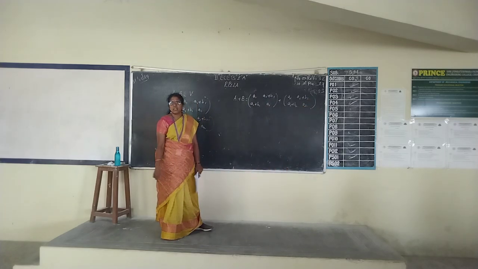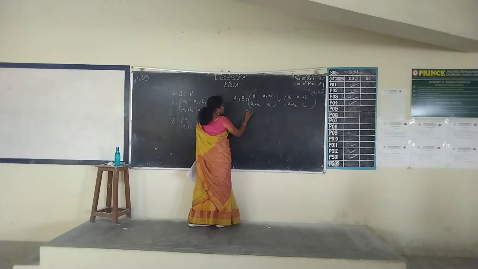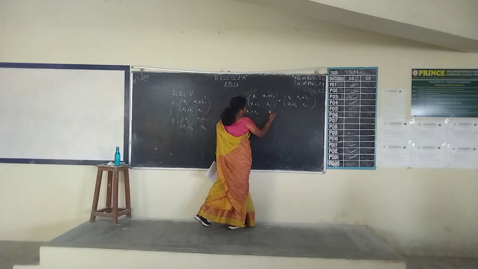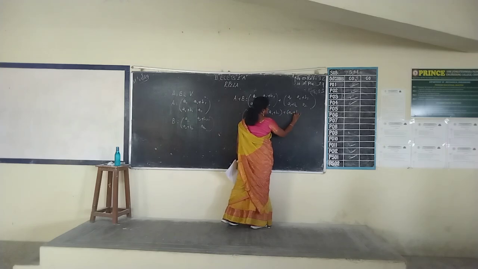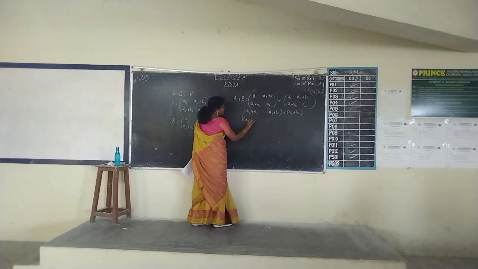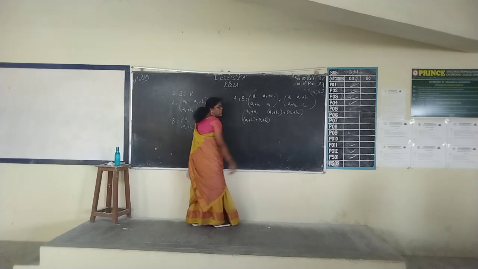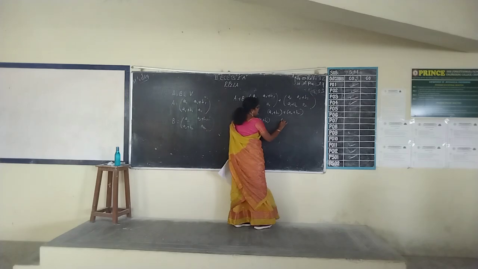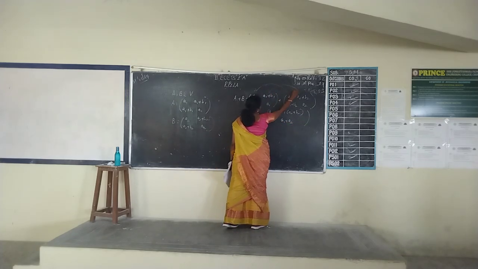Everyone knows matrix addition, right? Tell me what is the answer to matrix addition? Add the corresponding elements: first row, then second row, normal addition.